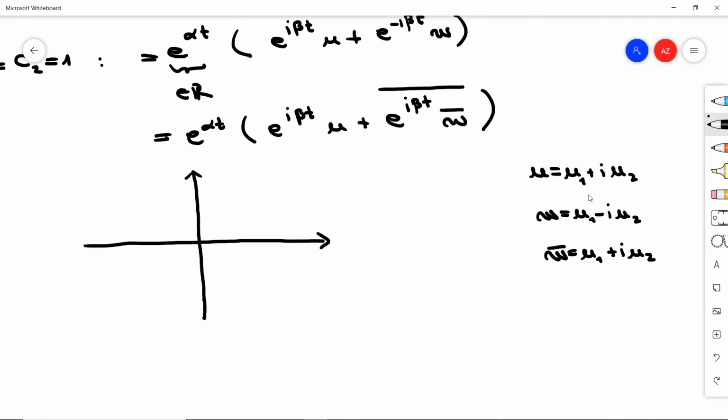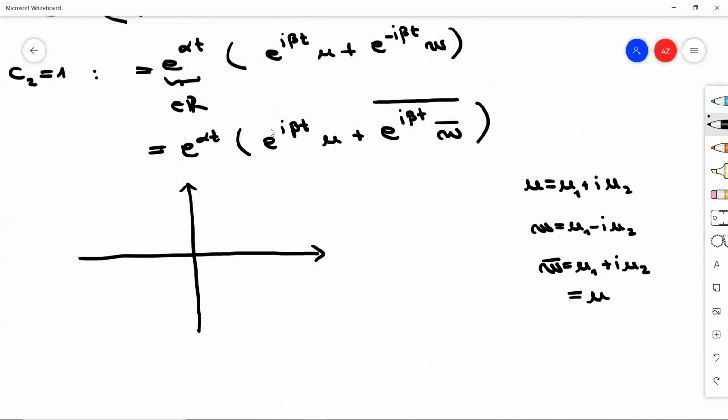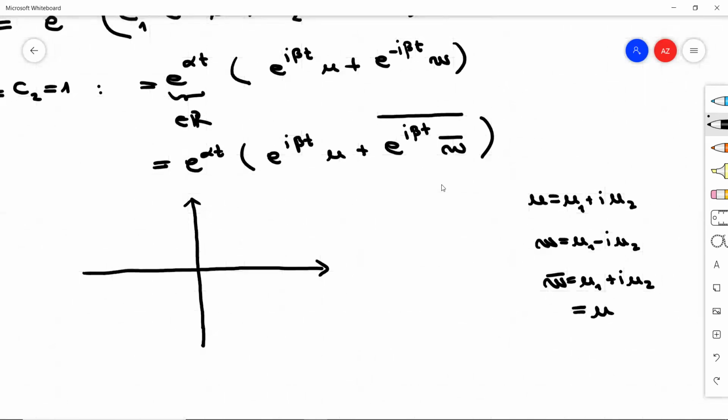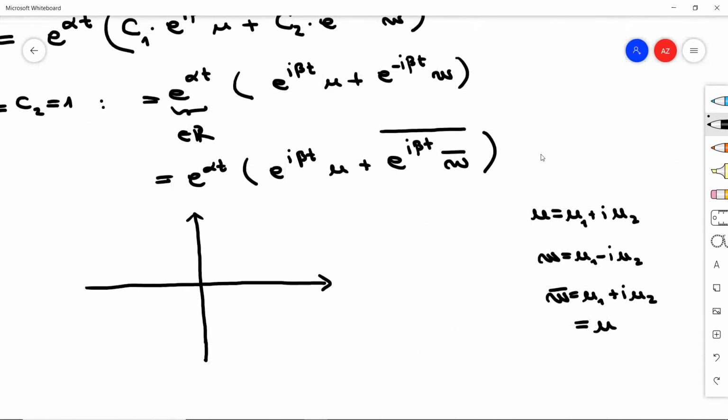So this w conjugated is in fact equal to u. I will draw u; let's say that this is u. Then w conjugated is also u, this vector here.